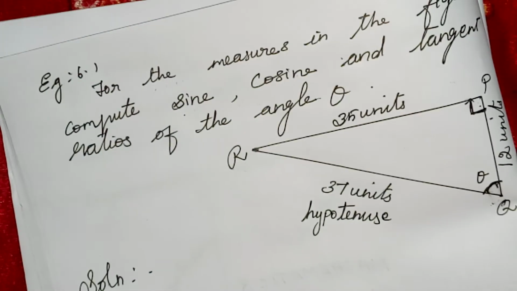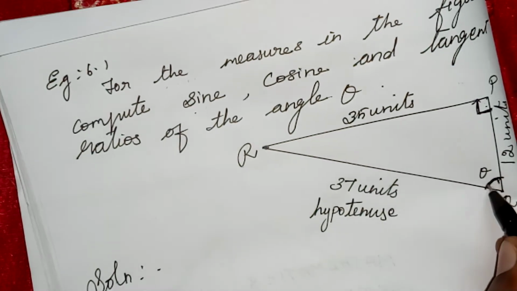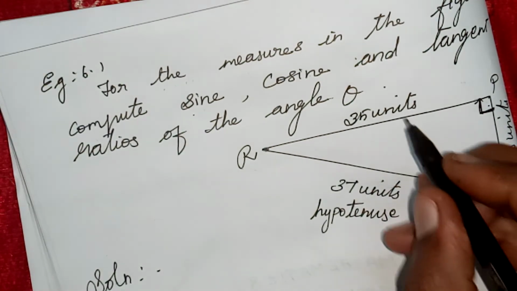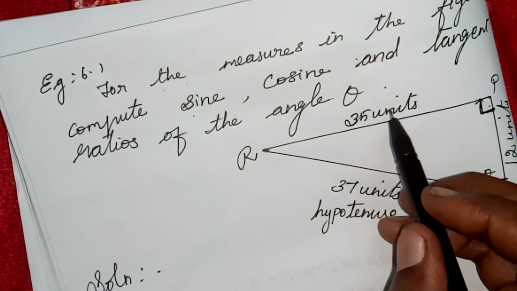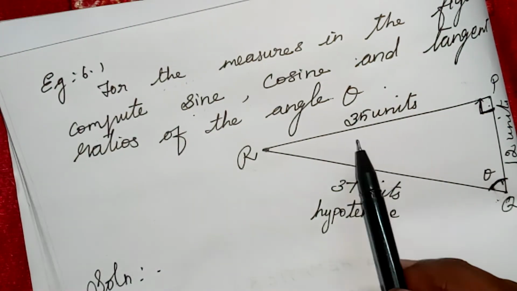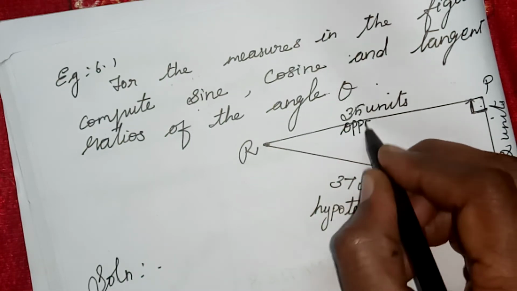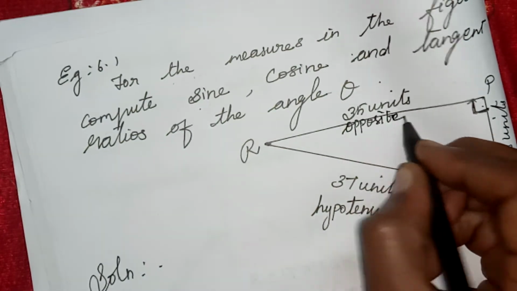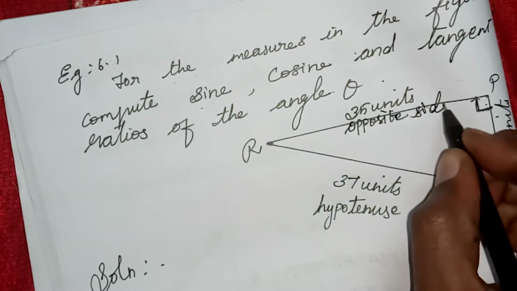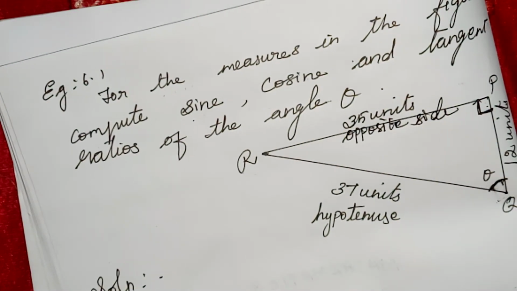Next, it is theta. What is the opposite side of theta? Theta is here, so this is the opposite side. What is the adjacent side of theta?